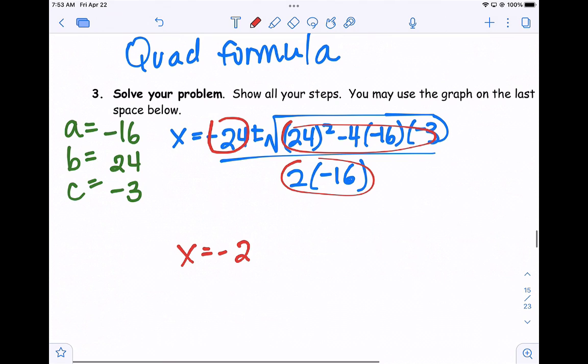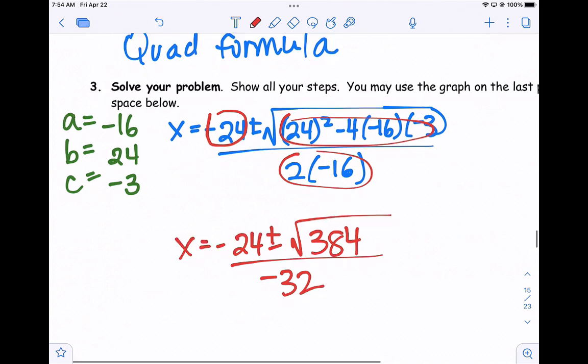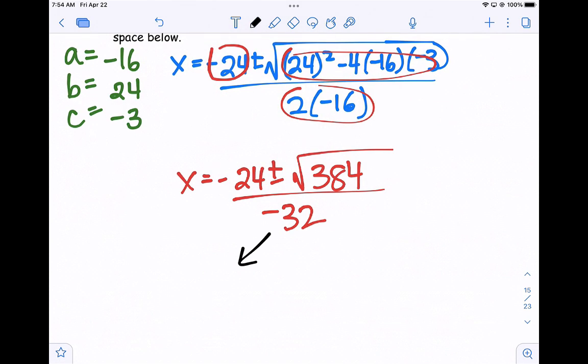x equals negative 24 plus or minus the square root, and we'll get the discriminant. So we'll type in 24 squared minus 4 times negative 16 times negative 3. Okay, so that discriminant is 384 all over negative 32. And then we can go ahead and calculate our 2 answers. The first one's negative 24 plus the square root of 384, hit enter, divide by negative 32.